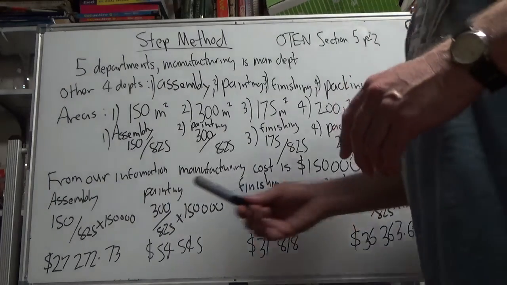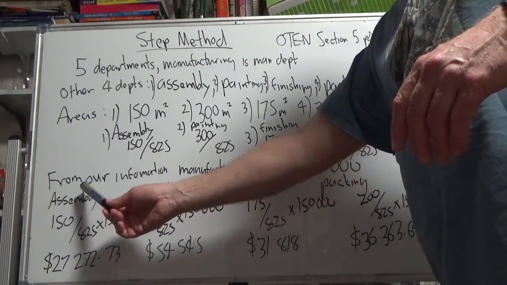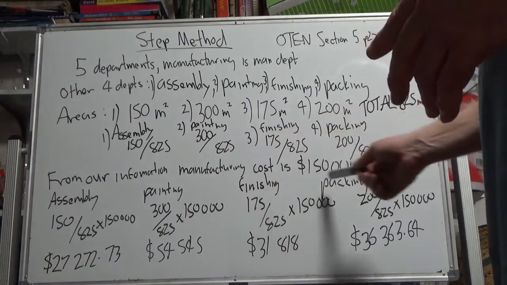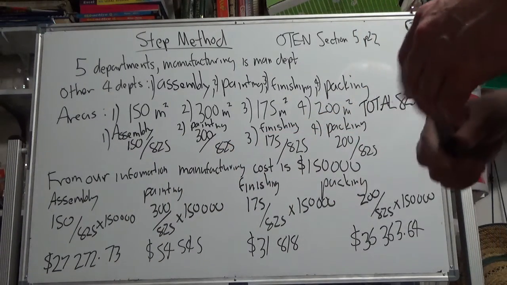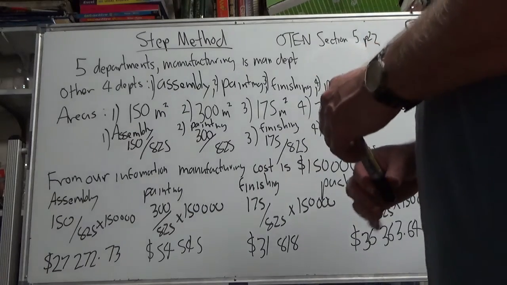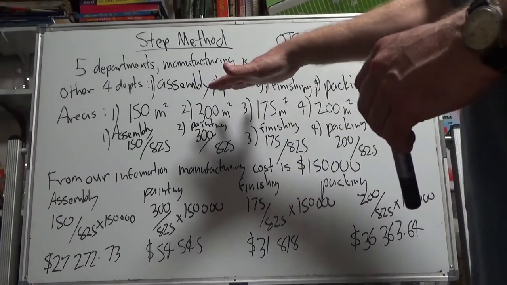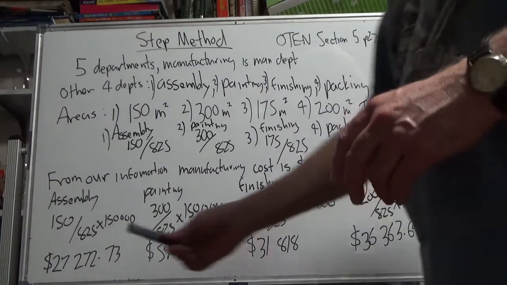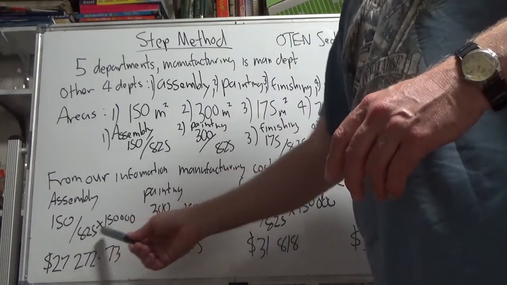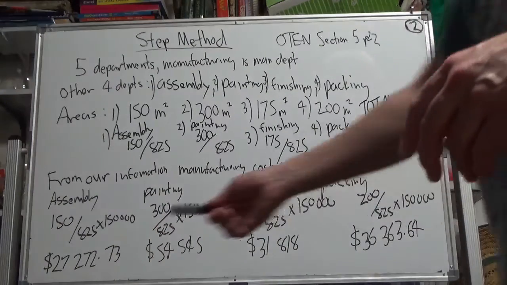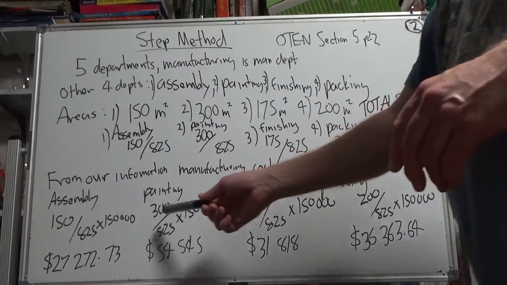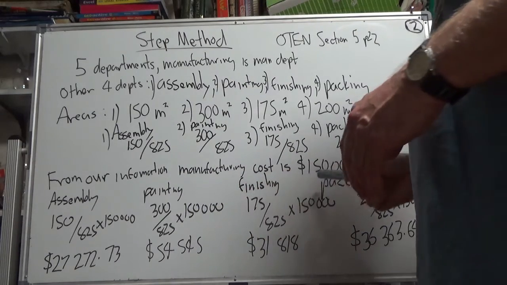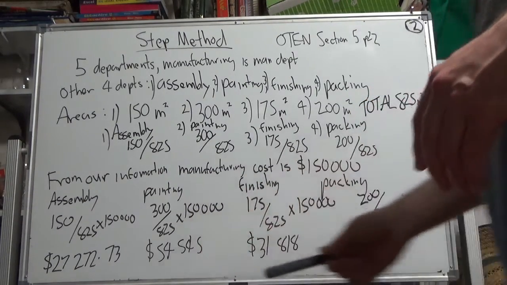And in your question, you're going to have the total manufacturing costs, and I just said 150,000. So now we can find out how these departments contribute to manufacturing by these rates. So the ratio in assembly multiplied by manufacturing total cost gives you that figure. Painting, a different ratio multiplied by the same manufacturing cost, 150,000, gives you that figure.